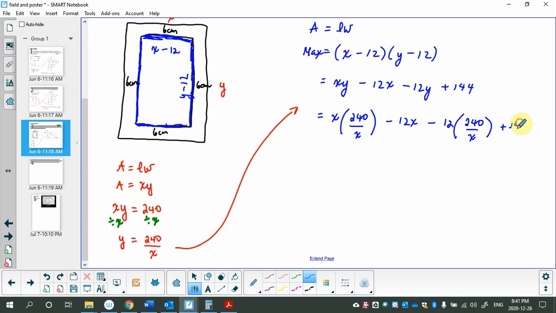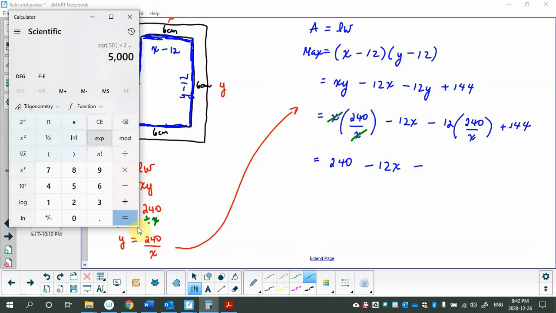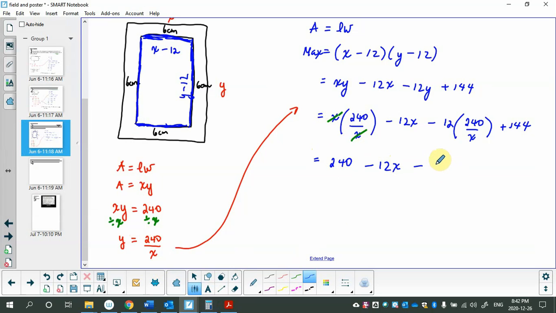So the nice part is, with this one, this is a top x and a bottom x, so they cancel each other out, and it's just left with 240 minus 12x minus 12 times 240 is equal to 2880 over x plus 144.